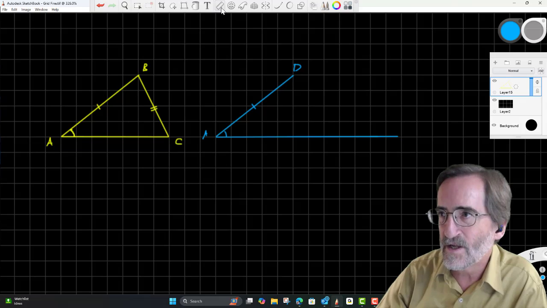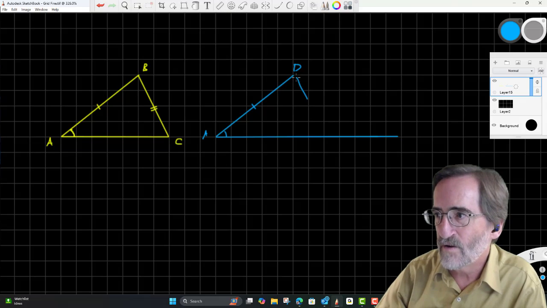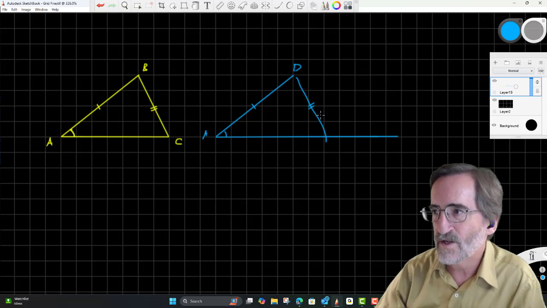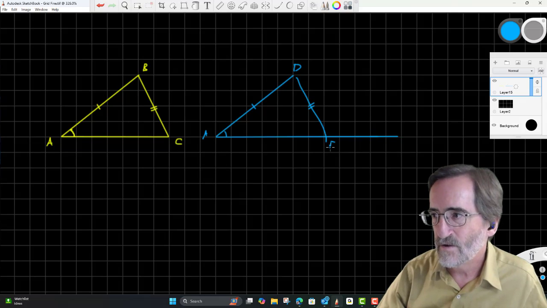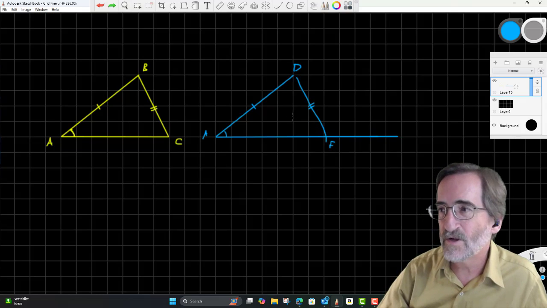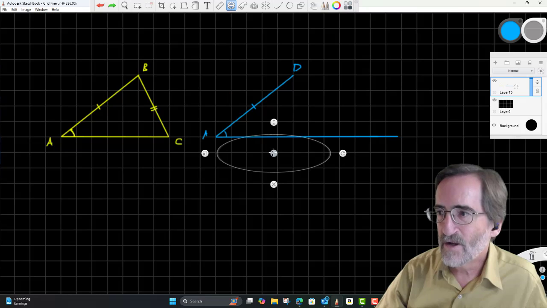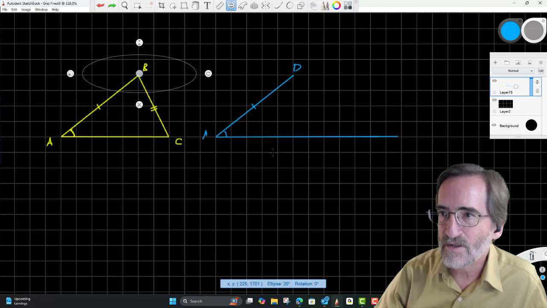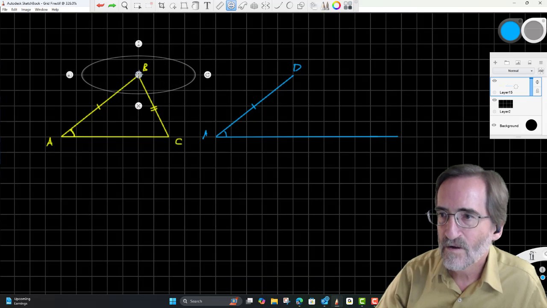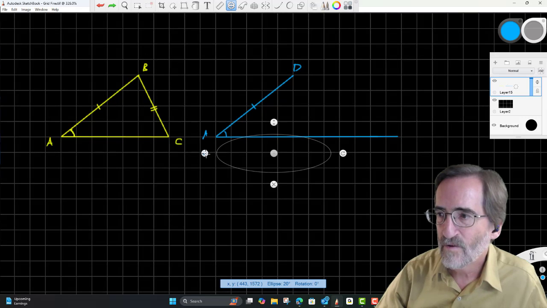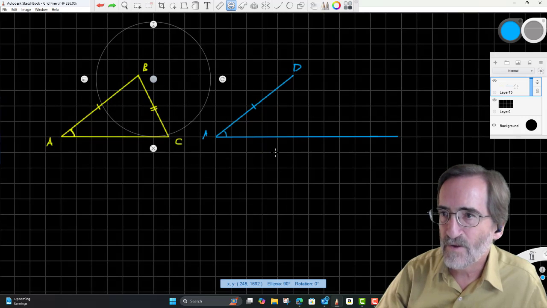Now we might say, well, we can draw BC right about here, right? And draw it the same length, call it DE, right? And the two triangles would be congruent. But actually, let me get my compass out here and show you something. If I set my compass to the same length as BC, same length as BC.